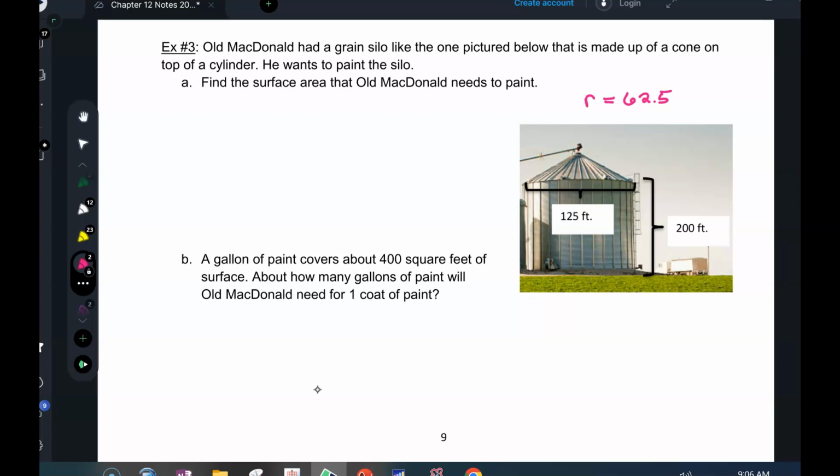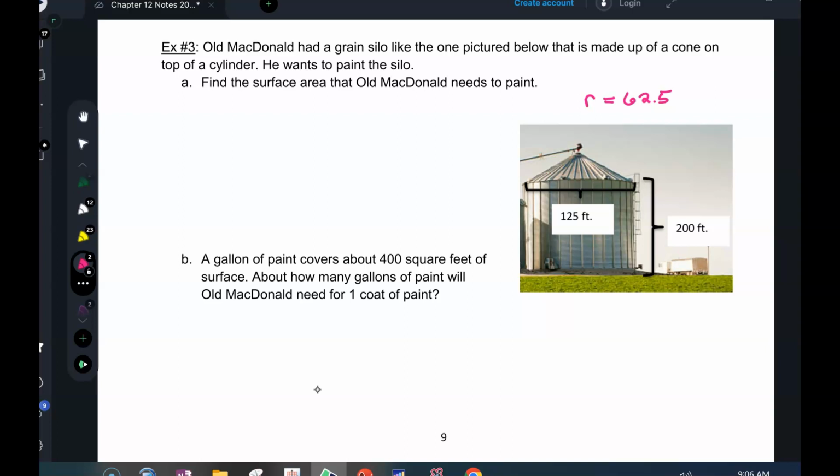And for a cone, it's pi r squared plus pi r l. We add them together.